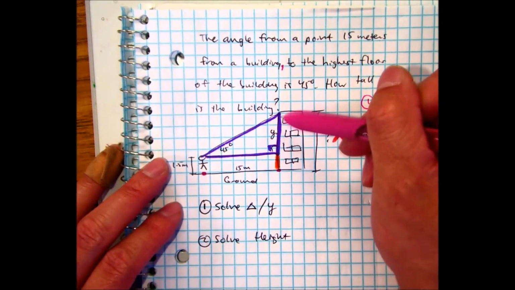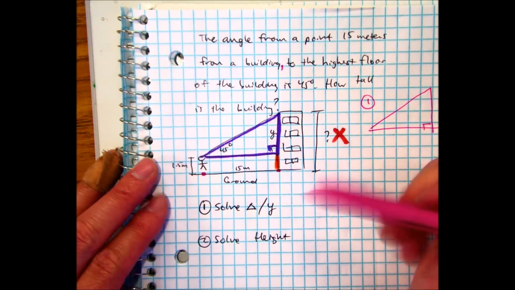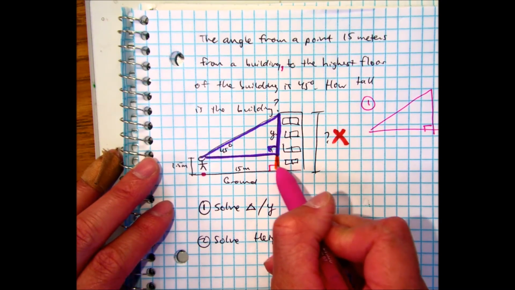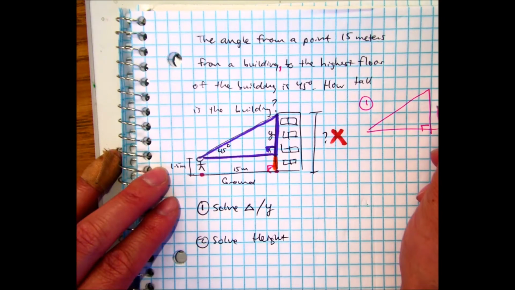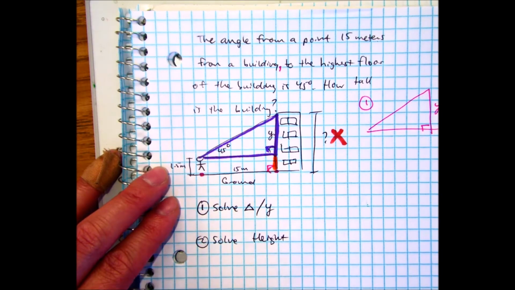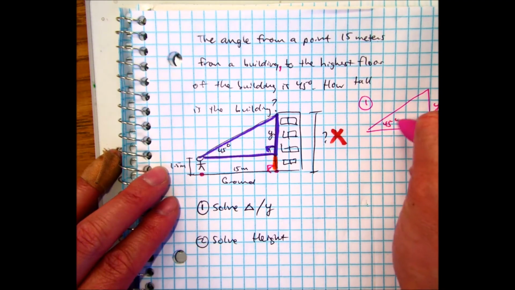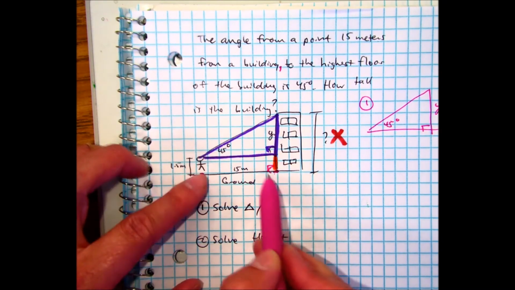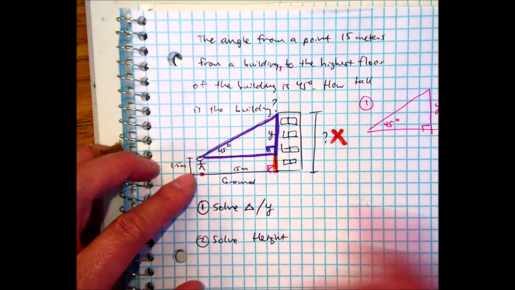Now, buildings or objects are perpendicular. What does that mean? You're going to assume that they're straight, therefore the angle here is going to be a right angle. So in this triangle I have y, I have 45 degrees, and I know that this length is 15, this side is also 15. Opposite sides of a rectangle are congruent.